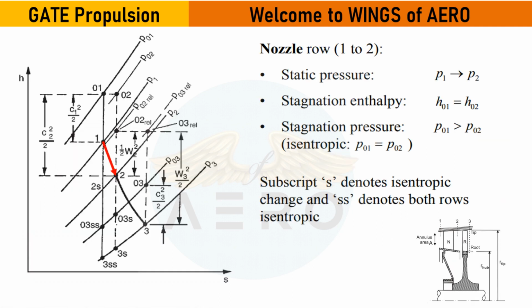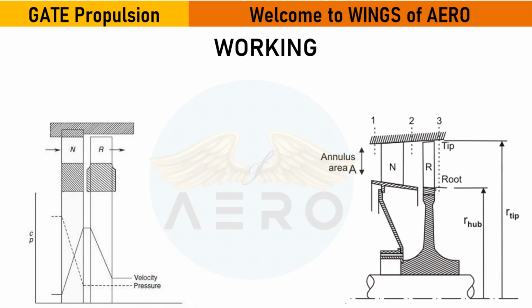So, talking about the working. As you can see, this is the fixed nozzle, or you can call it a stator, and this one is your rotor which is rotating. Fine. And here the same thing, the cross section has been shown.